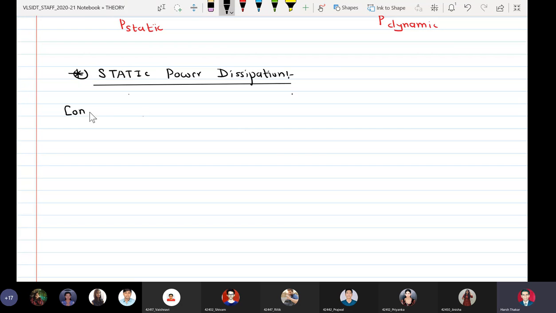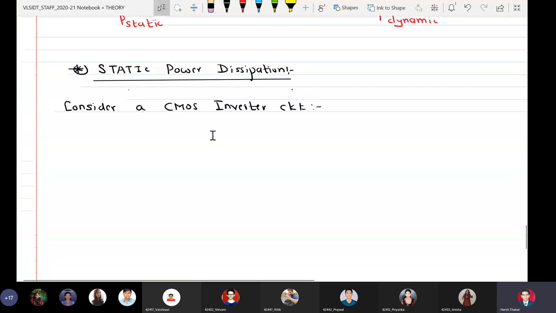So for explaining both static and dynamic power dissipation, we are going to consider a CMOS inverter circuit.